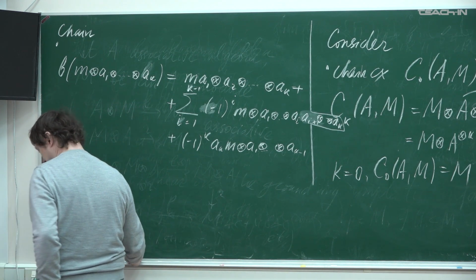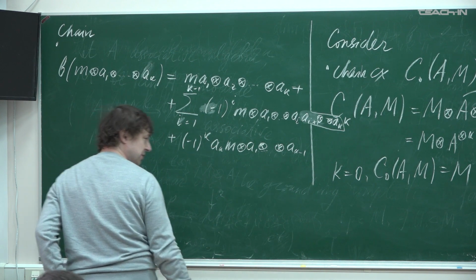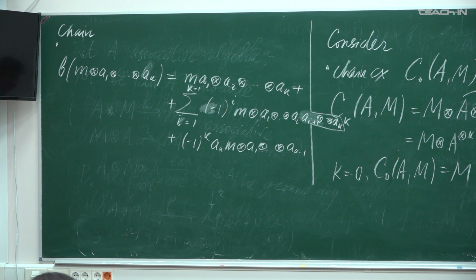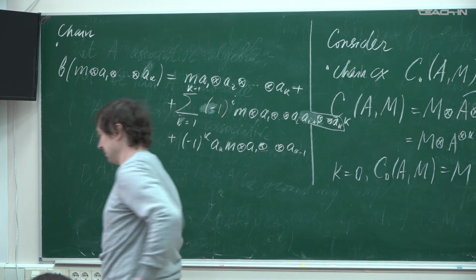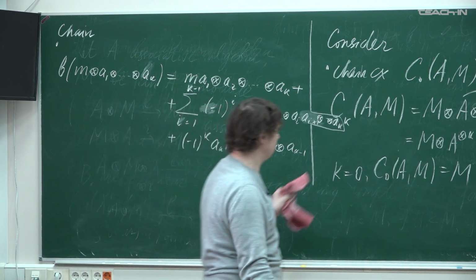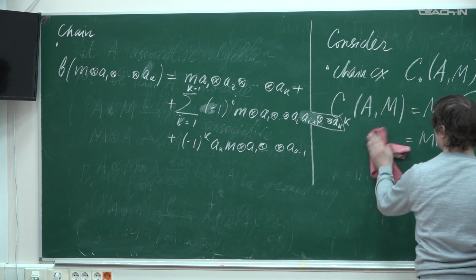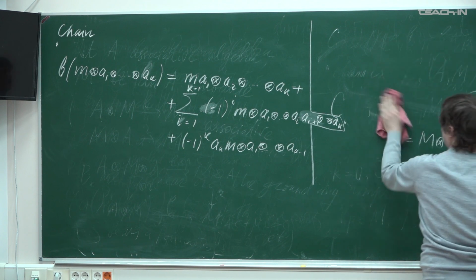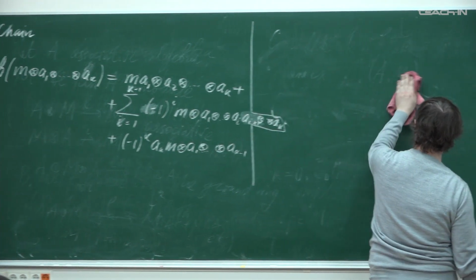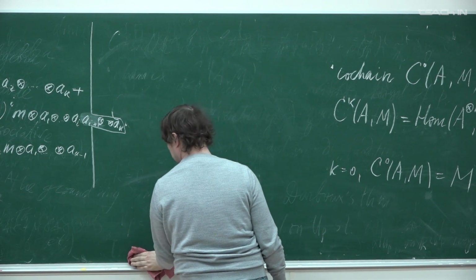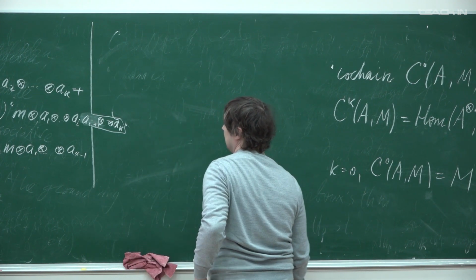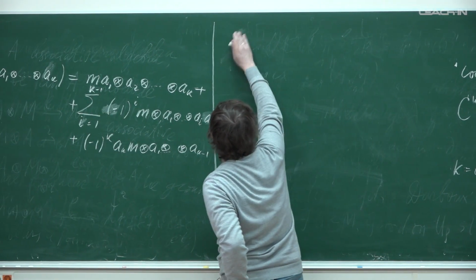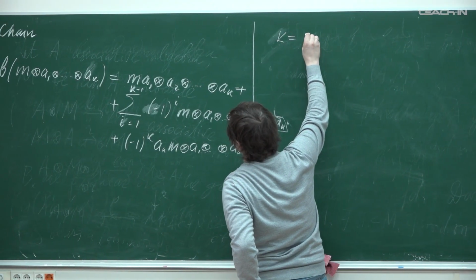It's a good exercise to show that b squared is equal to 0. Of course, I'm not going to do this in the most general situation, because as you see, we'll end up with quite a long combinatorial problem, quite tedious. But let me do this in some low dimensional case. For instance, let's take k equal to, I don't know, 2.